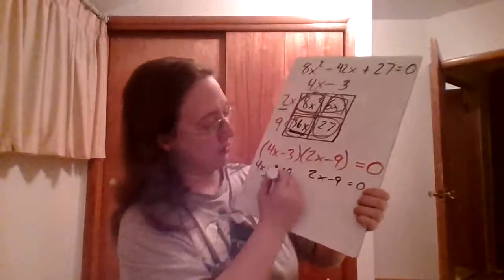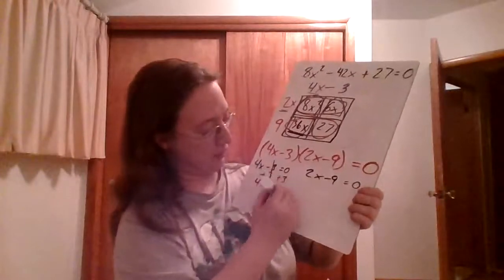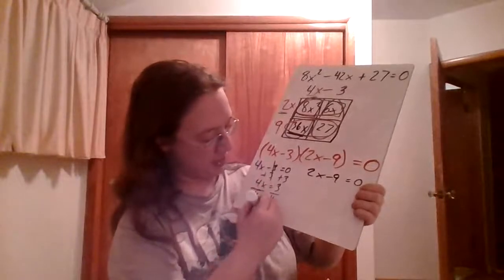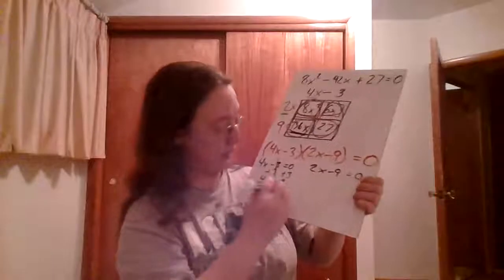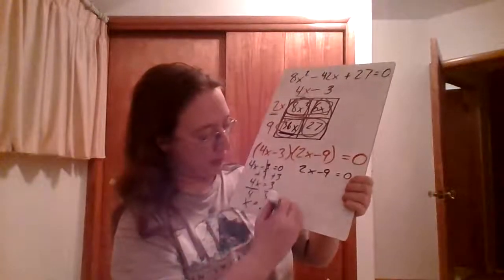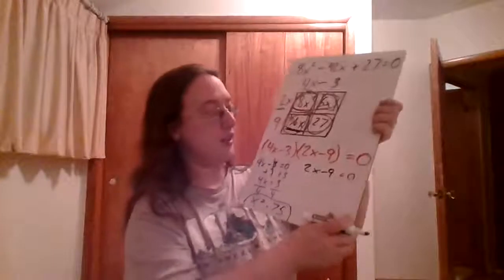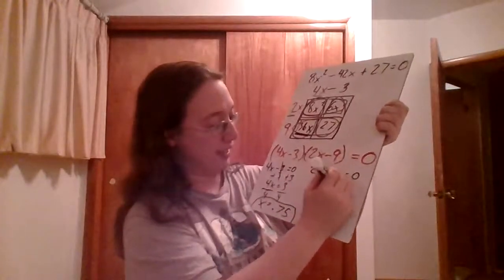So we're going to add a 3. We got a 4x equals 3. We're going to divide both sides by 4. So either x is 3/4. If you want to leave it as 3/4, that's fine. If you want to call that a 0.75, that's also fine. And then over here we've got a 2x minus 9 equals 0. I'm going to add 9.